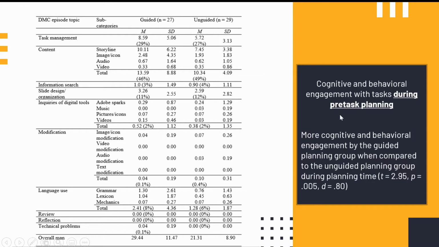The results show that in terms of cognitive and behavioral engagement, the guided condition, which was given a more structured worksheet than the unstructured group, produced significantly more DMC episodes compared to unguided.